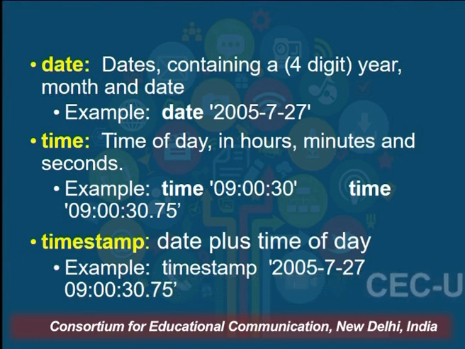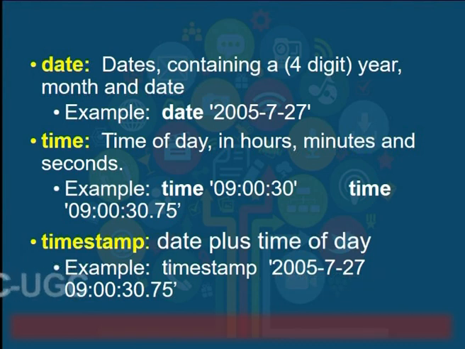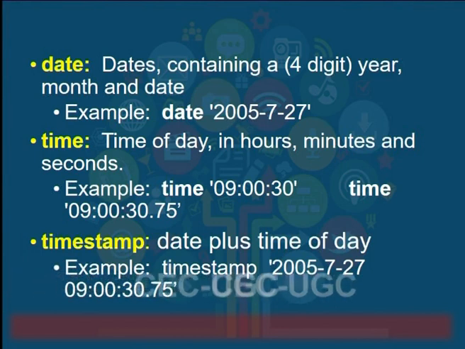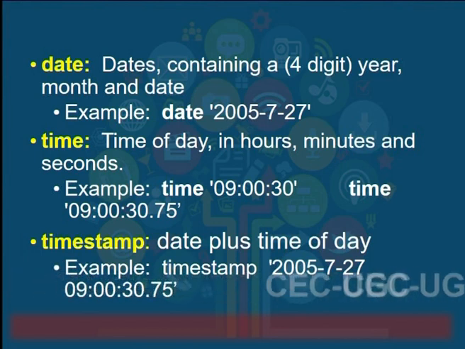For example, in our previous lecture we saw the transaction. Say I want to record the exact date and time of committing a transaction, or of rolling back a transaction. In these scenarios we need both date and time in combination.